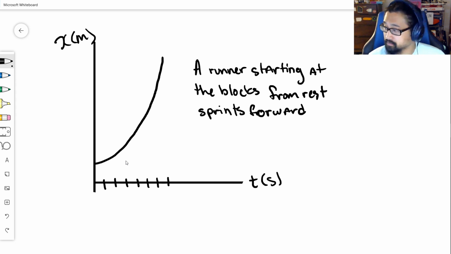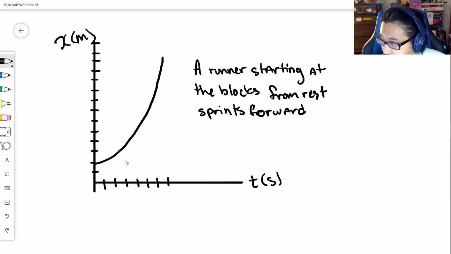Alright? And let's actually give these some values here. I'm going to say that this is 2, and this is 7.